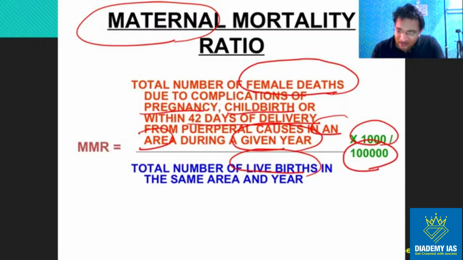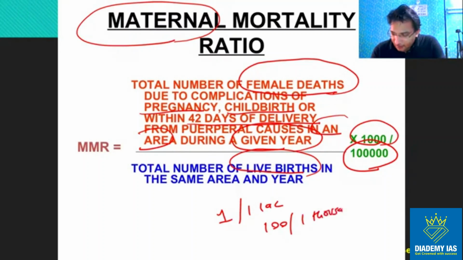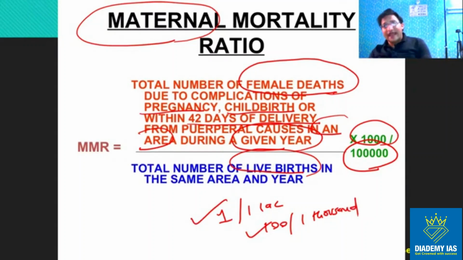For example, in India, we have the target of 1 per lakh or 100 per 1000, right? So this figure can be either one, we can take it per lakh and we can take it per 1000 also. So when you are reading about the maternal mortality rate, please read it carefully, whether the data is given per lakh or per 1000.